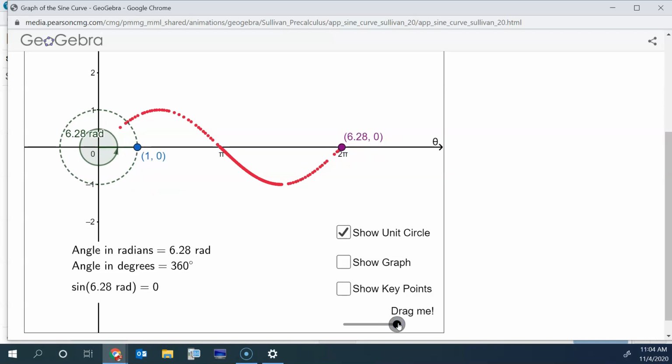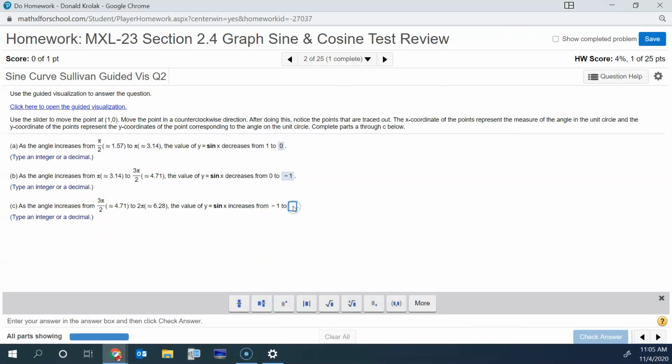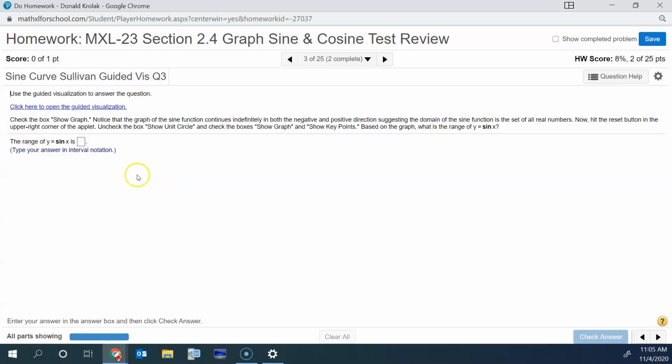All right, Caleb, what did the y coordinate do? It went back to 0, right? So it went from -1 to 0. So all you're doing on this, guys, is explaining what the y coordinate is doing.